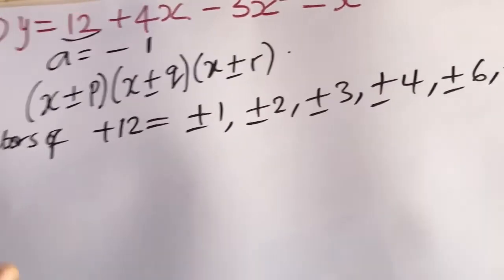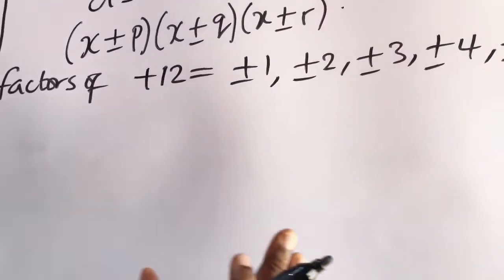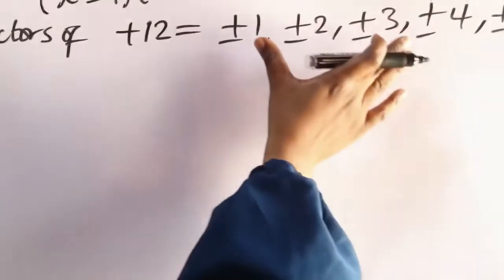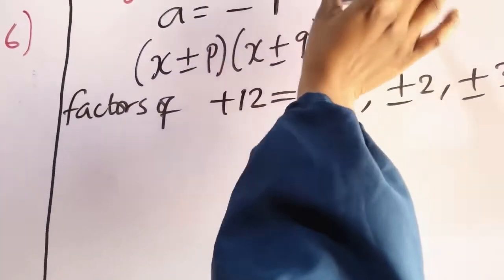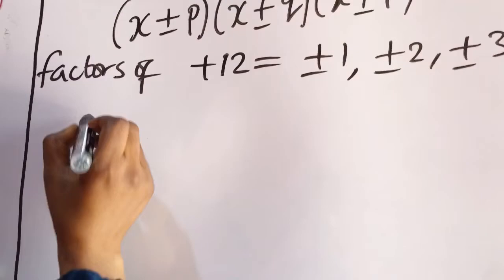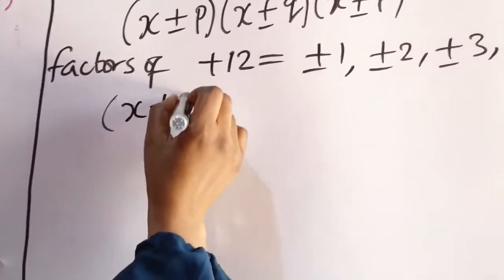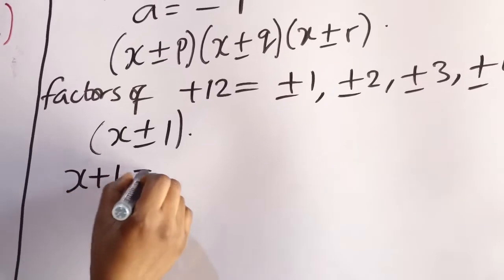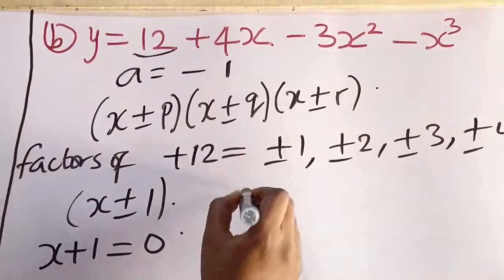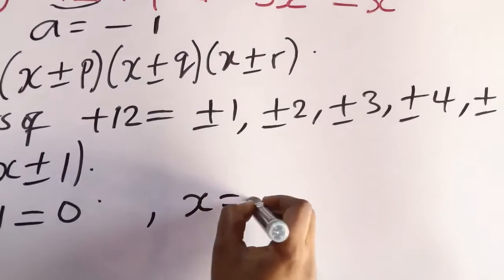So we need to look for 3 factors of 12 that will be the factors of this polynomial. So let's test for x plus or minus 1. So x plus 1, let's equate it to 0. It means that x is equal to minus 1.